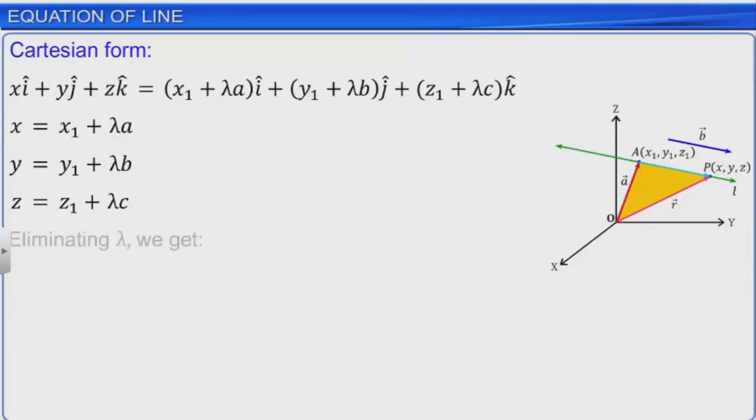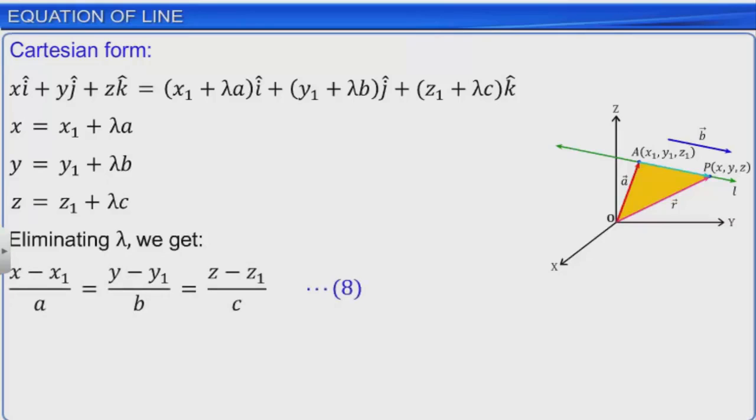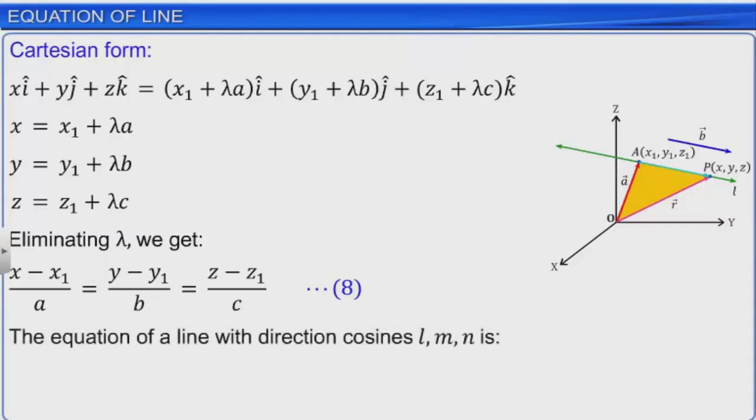Eliminating lambda from the equations for x, y and z, we get equation 8, which is the Cartesian equation of a line that is parallel to a vector having direction ratios A, B, C, and passes through points x1, y1, z1. If L, M and N are the direction cosines of the line, then the Cartesian equation of the line is of the form as shown.